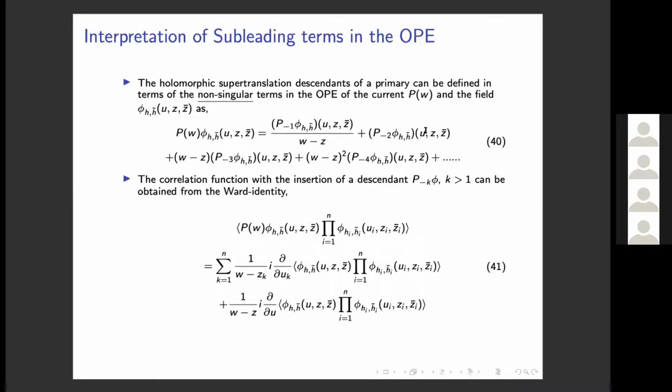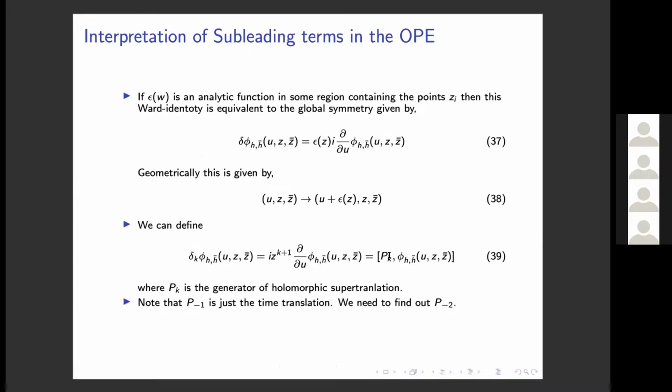But then there are all these non-singular terms in the OPE, and of course the standard thing is that the non-singular terms in the OPE basically define the descendants, which are created by singular transformations. In this case, P_{-2} is a singular super translation, because here epsilon(z) is just 1 by z, so u goes to u plus 1 by z.